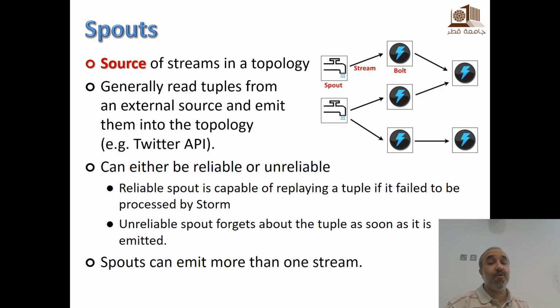And spouts can emit more than one stream. As you see here in the figure, this spout emits two streams. So it can actually branch to multiple, what we will call very soon bolts, the processing nodes in the topology.